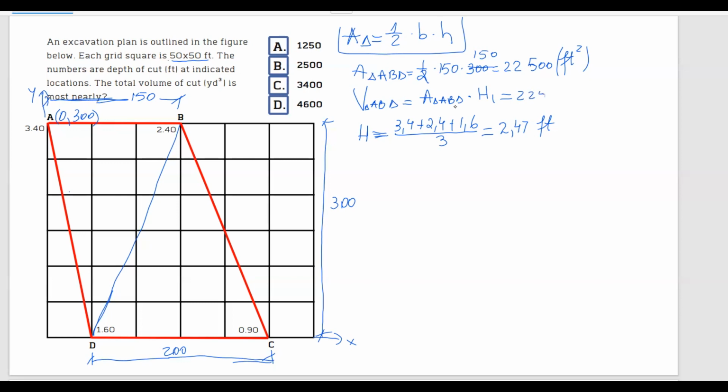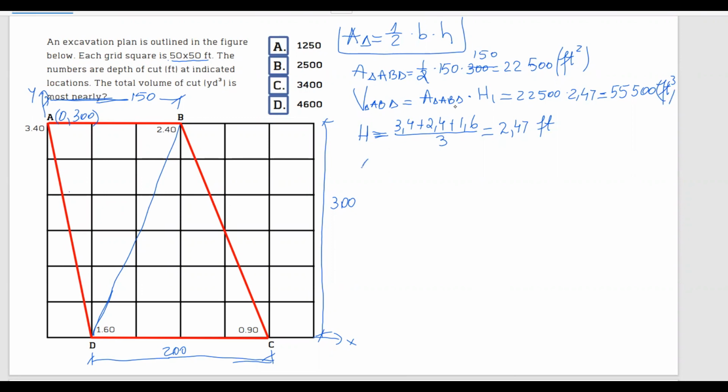Now I can go back to the volume formula and substitute. So I have 22,500 multiplied by 2.47, and I get a volume of 55,500 feet cubed. Okay, so we're done with the first triangle.